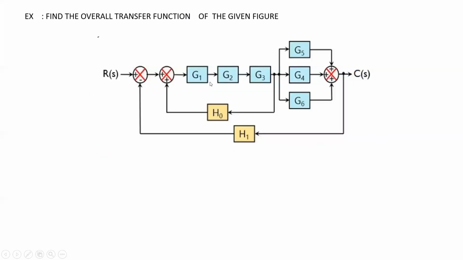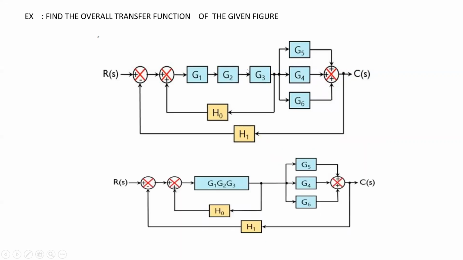We have three blocks in series, and we have three blocks in parallel. So we can simplify that. For blocks in series, the gains are multiplied, and for blocks in parallel, the gains are added. So first let us simplify that one.